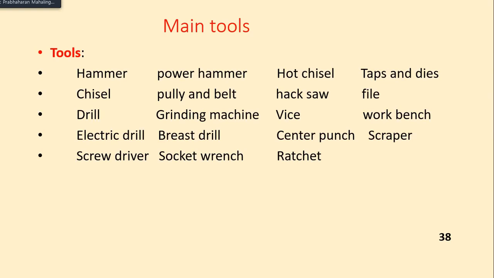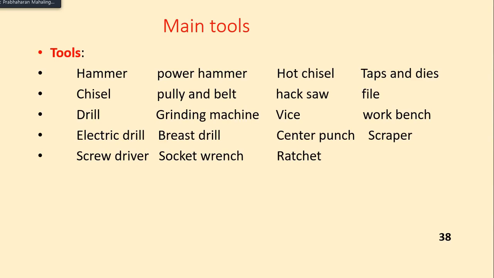Socket wrench and ratchet. Ratchet is a fairly advanced spanner, and it can measure the force we applied on that particular work. That's one advantage. Another advantage is that the ratchet can be utilized in both directions.